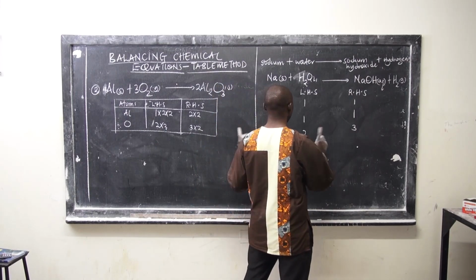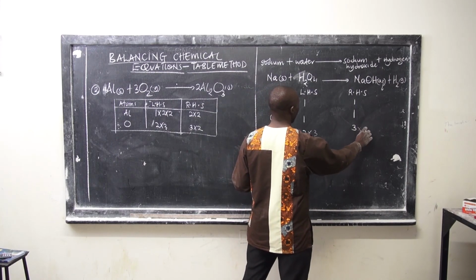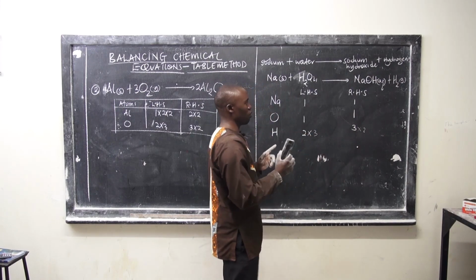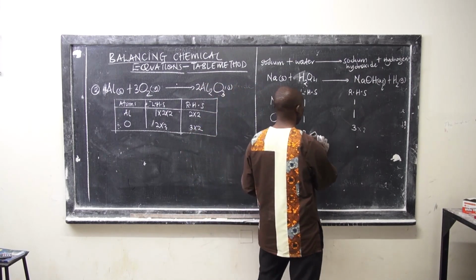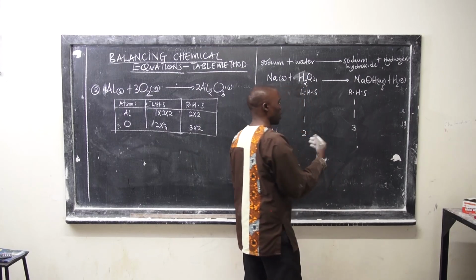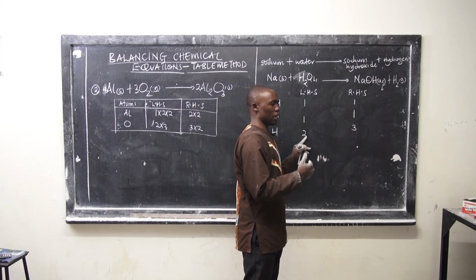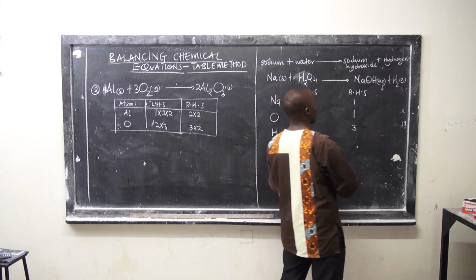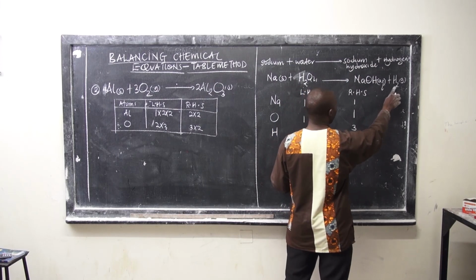If we tried to use the same method of multiplying by 3 and by 2, we shall realize that it develops just complications in the expression. But it is much easier to adjust one side to an even number that can be used on this side, and we multiply and create that same number. So this is 3, because of a 2 on hydrogen and the 1 here.